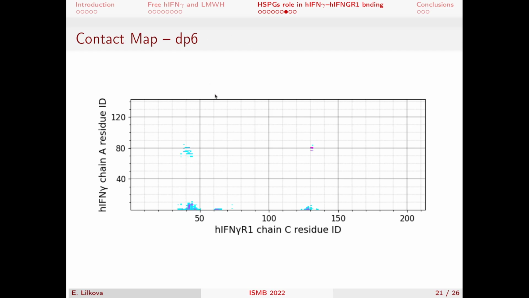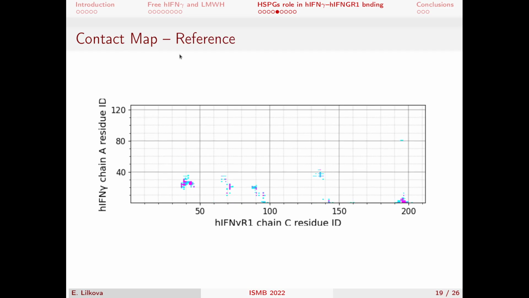Once we add hexasaccharides, we recover, at least qualitatively, the binding between the cytokine and its receptor, and when we add octasaccharides, we obtain a contact map which very closely resembles the reference contact map.